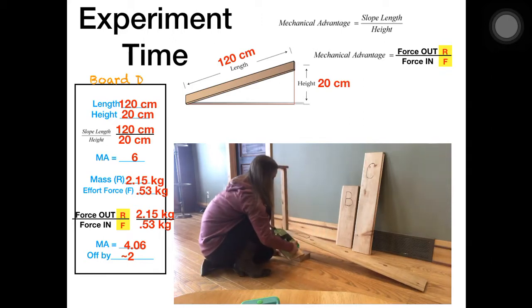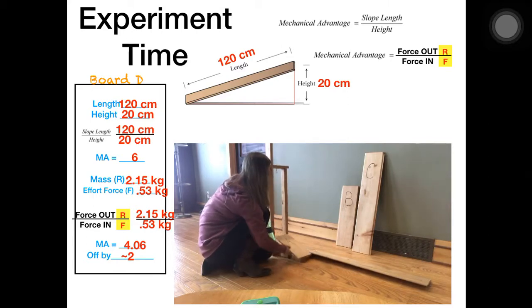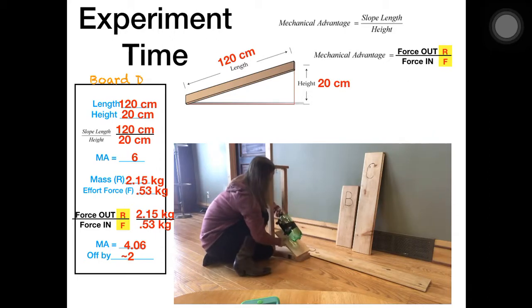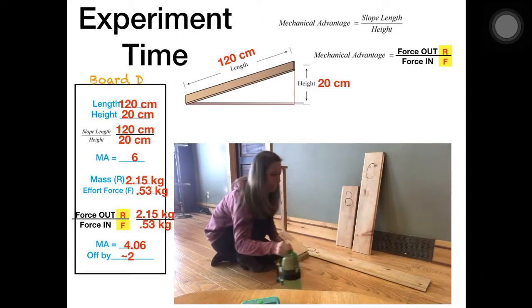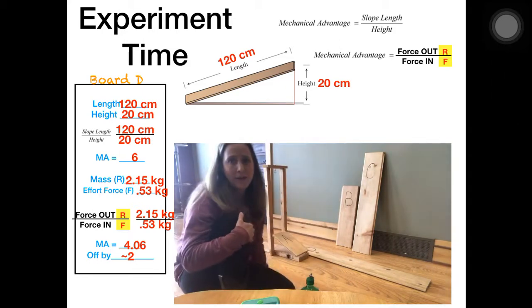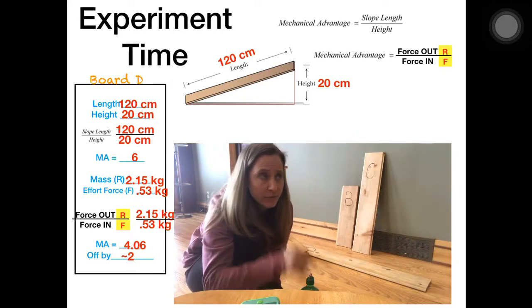What happens if I set this here? Oh my goodness. Take that off. Let's try that again. If I set this on this board, like on this one that is really steep, our bottle slides right off.